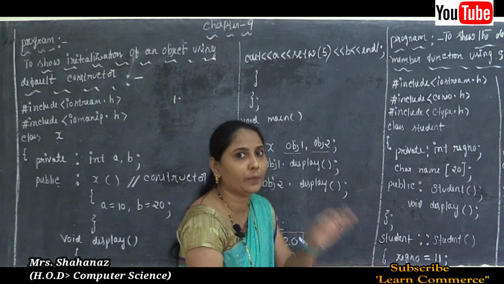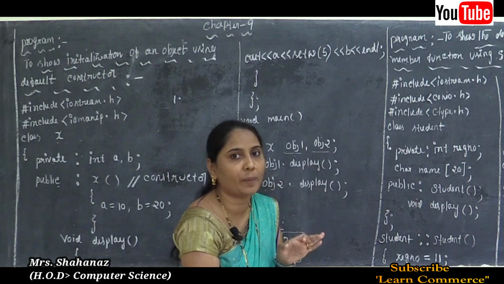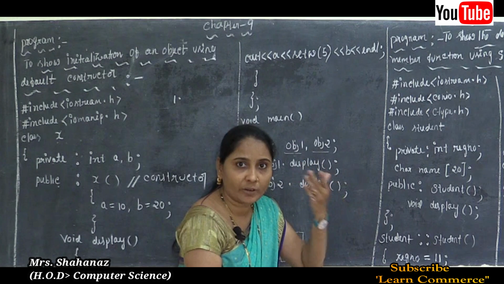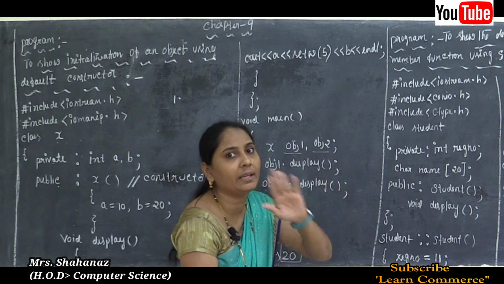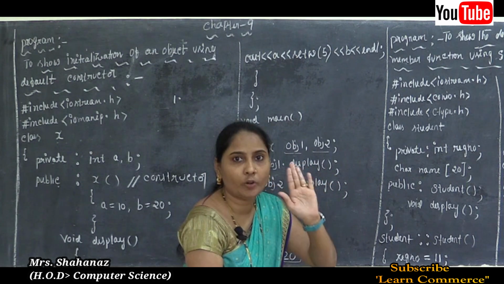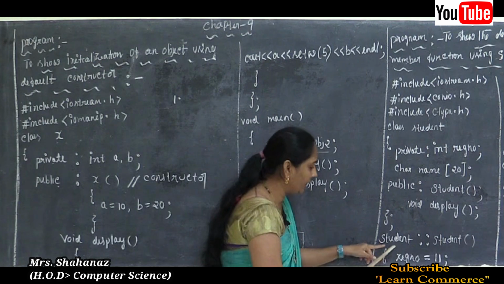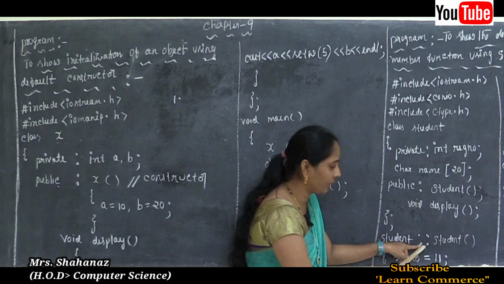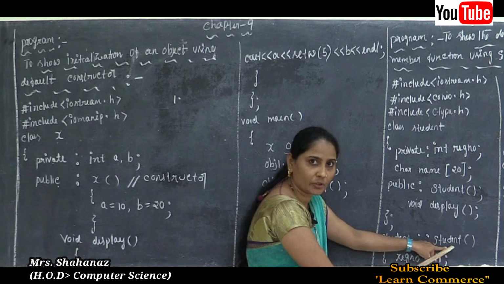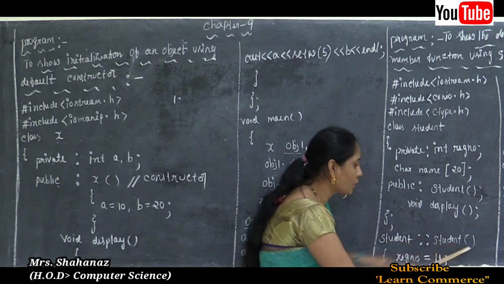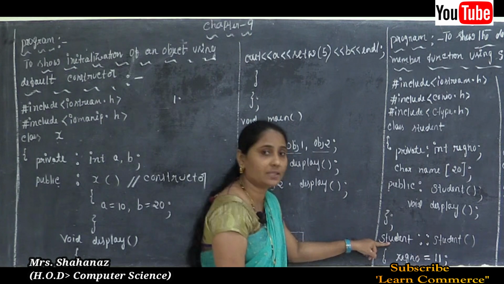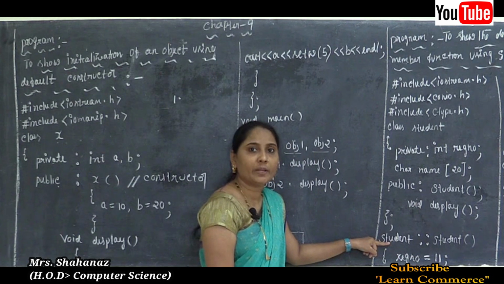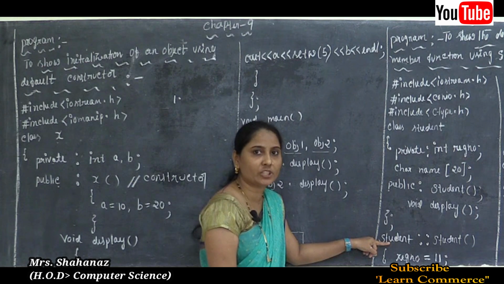Because between the opening and closing parenthesis we are not using any argument, since in a default constructor no argument is used. So: class name Student, scope resolution operator, and the class name Student again, open close. That means this constructor special member function is defined by using the scope resolution operator.